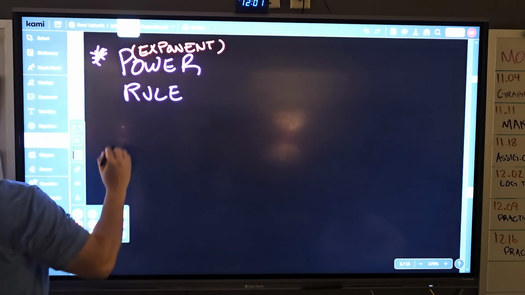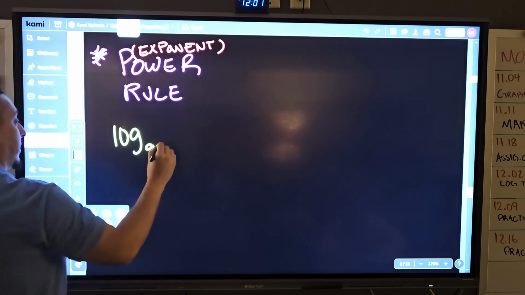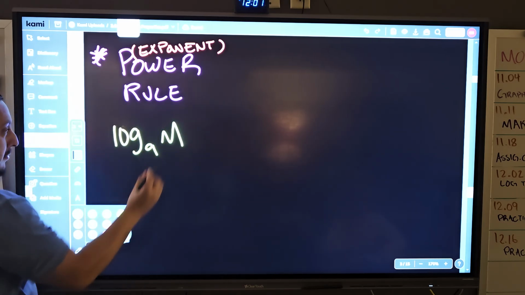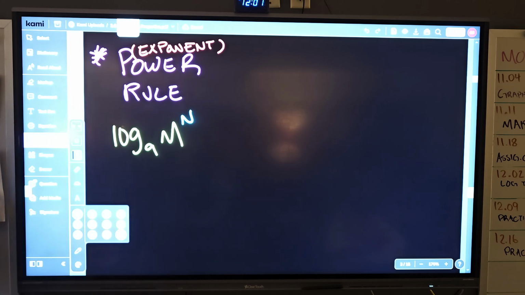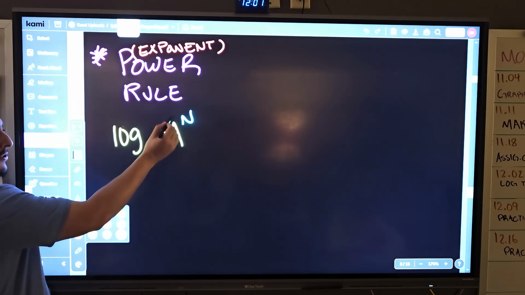So this one looks like this. Log of any base, any number. The important thing here is the power, the little power. Anybody happen to remember this one? Somebody did last class, that's why I asked. I bet some of you know, but you're not sure if you're right.